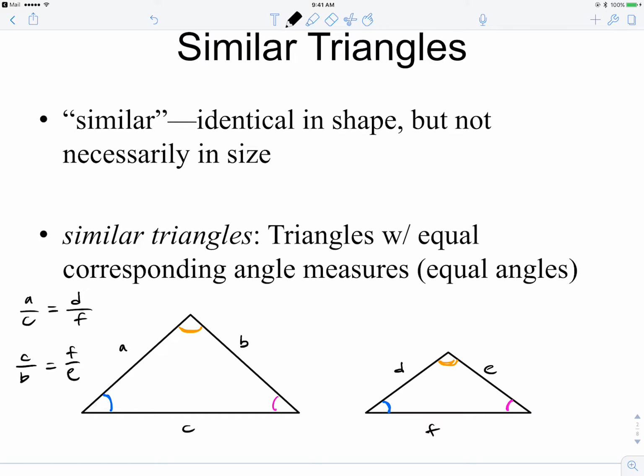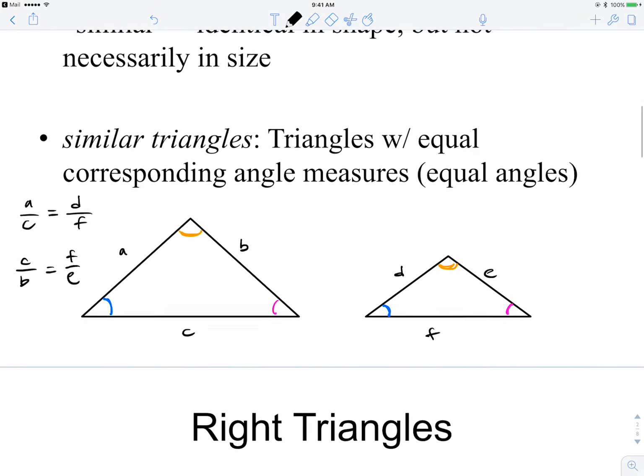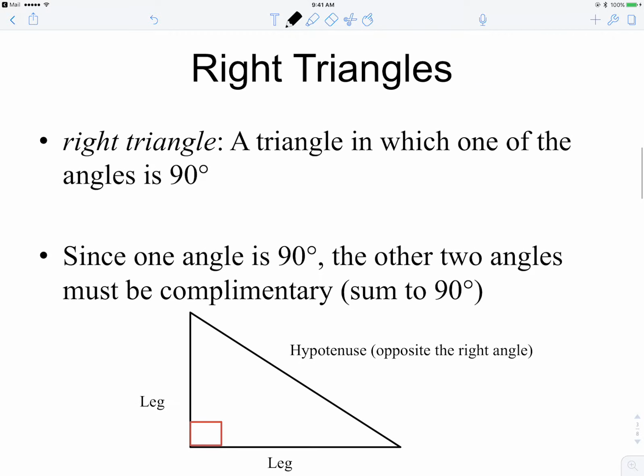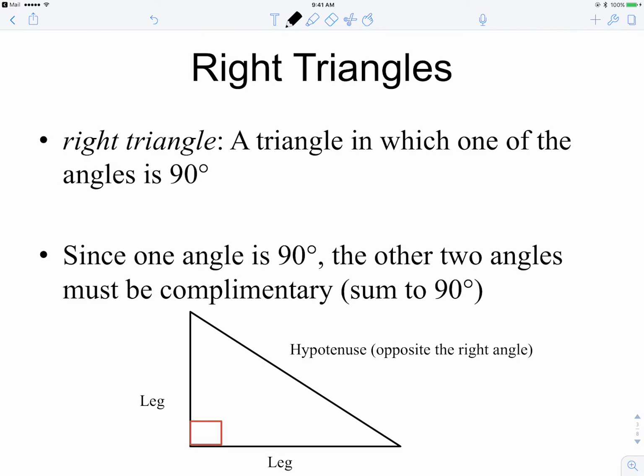We're really going to focus on a specific type of similar triangle now, which are similar right triangles. But first, let's introduce right triangles. Right triangles have one angle equal to 90 degrees, meaning the other two angles must be complementary.